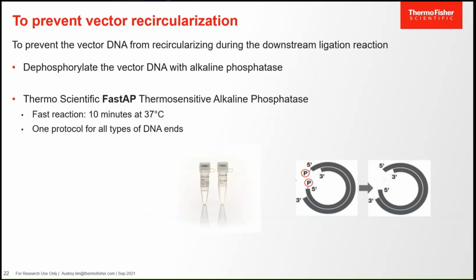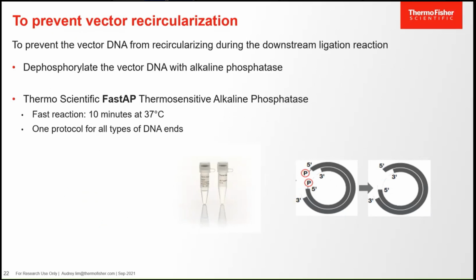Next, if you have made a single cut in the vector, which is common for blunt end cloning, it is easy for the vector to recircularize. Meaning the ring can be easily closed back again without any insert inside.